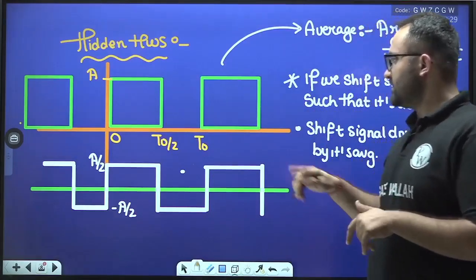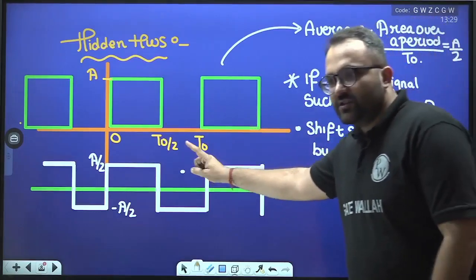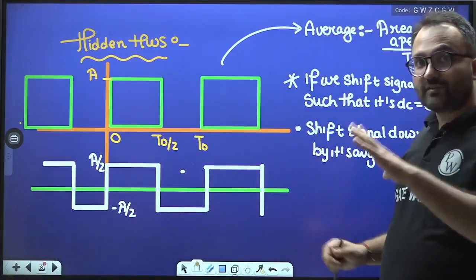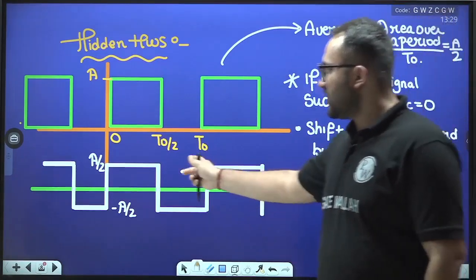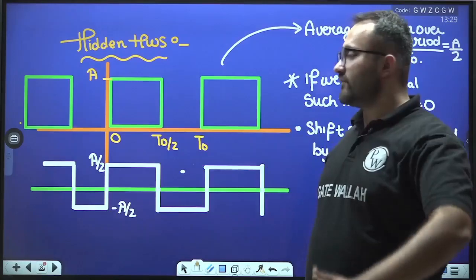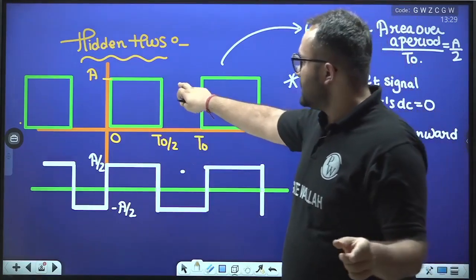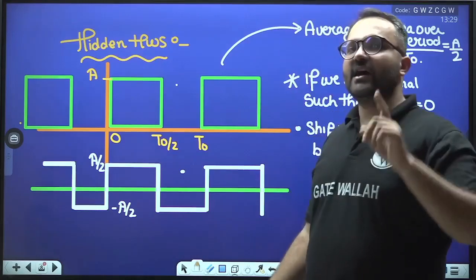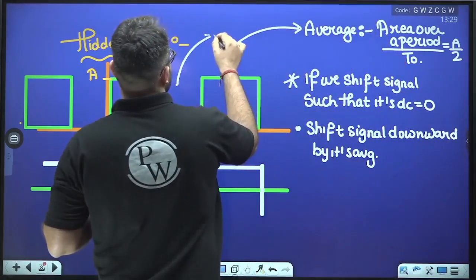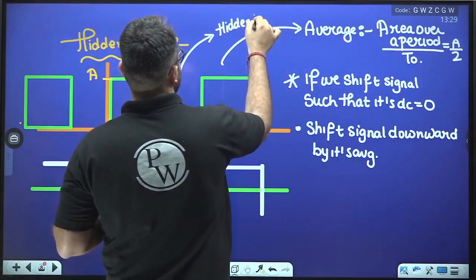So now we can see that this new signal, that is the signal that we have got, will have what symmetries that you can see? We can see the odd symmetry also. We can see half wave symmetry also. So this signal, the original signal, has hidden half wave symmetry and hidden odd symmetry.